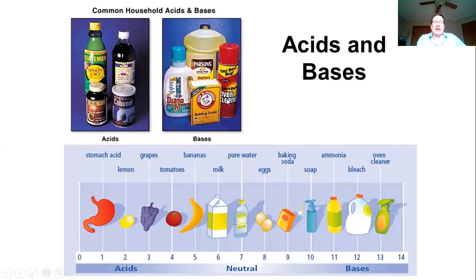There are some common household acids and bases. You can see right there lemon juice, baking powder, stuff like that. Here's baking soda, a lot of cleaners, a lot of cleansers. We talked about ammonia in equilibrium as a big base in a lot of these things because it provides that.